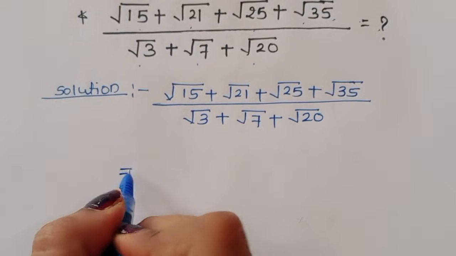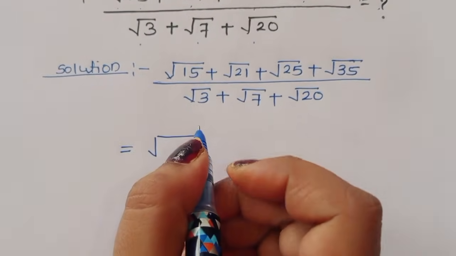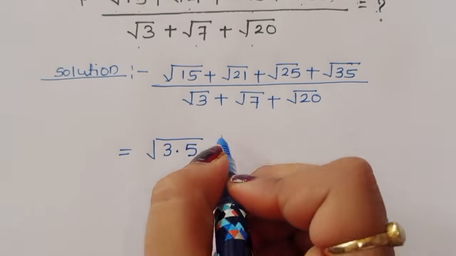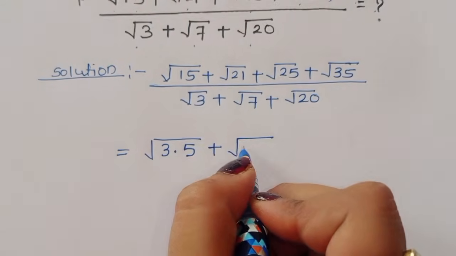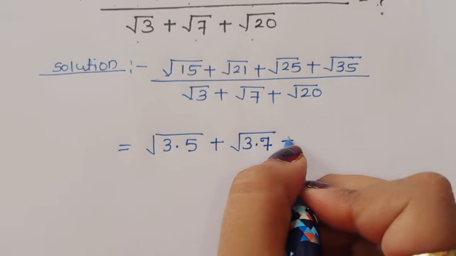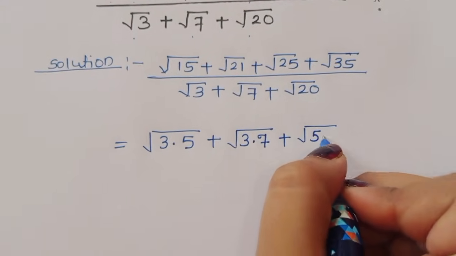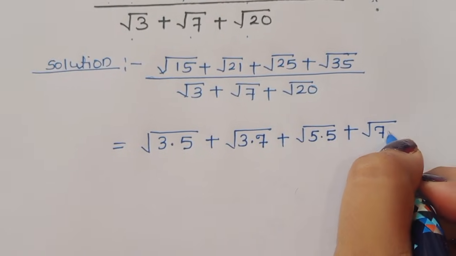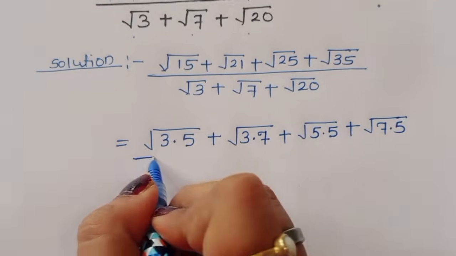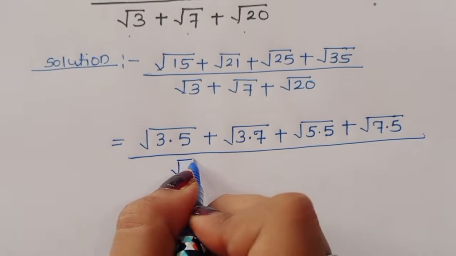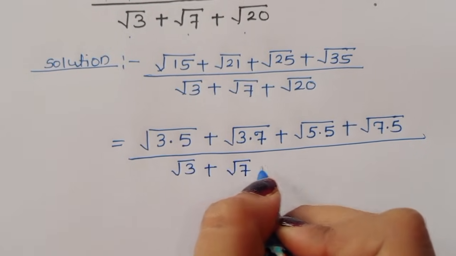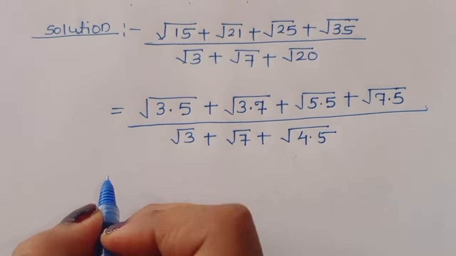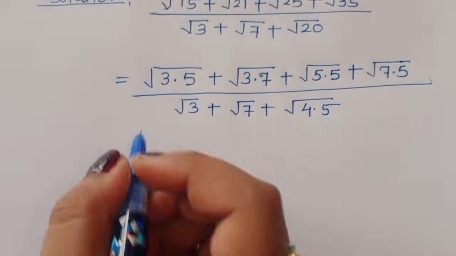Now, √15: 5 threes are 15, so we can write √3 times √5, plus √21: 3 sevens are 21, plus 25: 5 fives are 25, plus 35: 7 fives are 35, right? Divided by √3 + √7 + √20, that is 4 fives are 20. Now we are separating this term here.